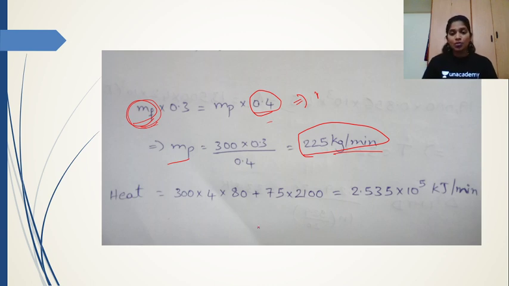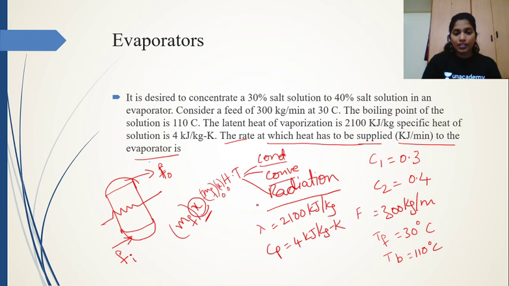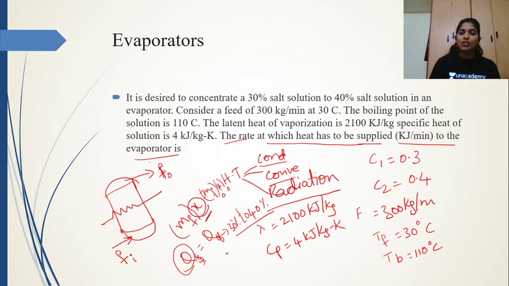And heat: the rate at which heat is to be supplied to the evaporator. Here we are asking about Q, which means heat to increase the temperature of the feed so that the concentration of the solution changes from 30% to 40%, right?